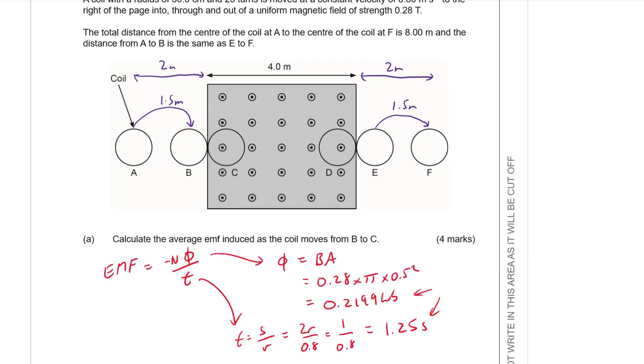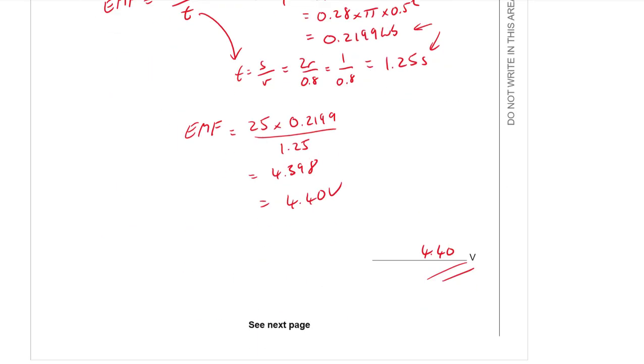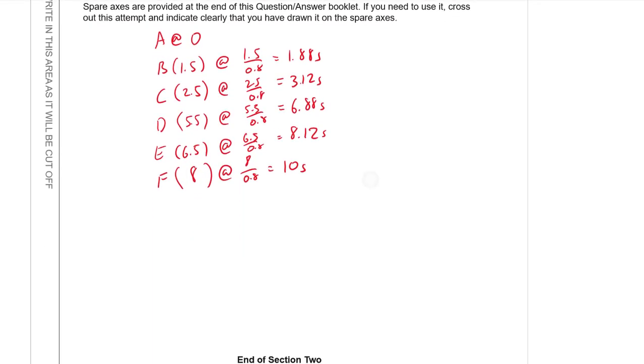But where you would have the peak is when you would have the maximum change in flux. So at that point, halfway between B and C and halfway between D and E, I'm going to put that down here because they should represent when you have the maximum change in flux. So I would say the peaks would be at 2 over 0.8, which is 2.5, and the other one is between 5.5 and 6.5, so at 6 over 0.8, and I get 7.5.